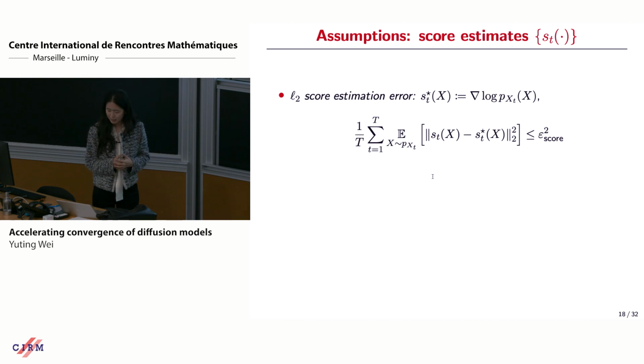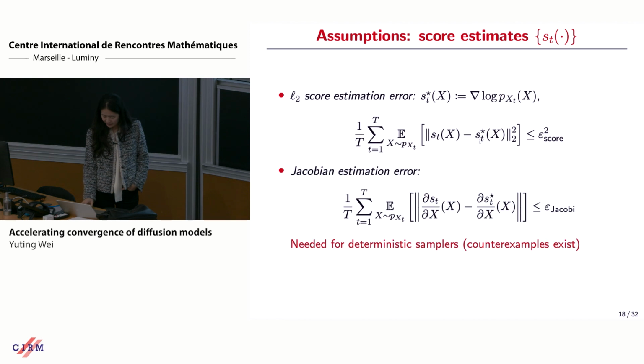The next set of assumptions is about the score estimate, because we divide this into two phases. We assume that on average, in the L2 sense, your score estimate S_t is very close to your true score S star. This is a typical assumption and it's assumed in the literature. But the actual assumption that we make is about the Jacobian estimation error.